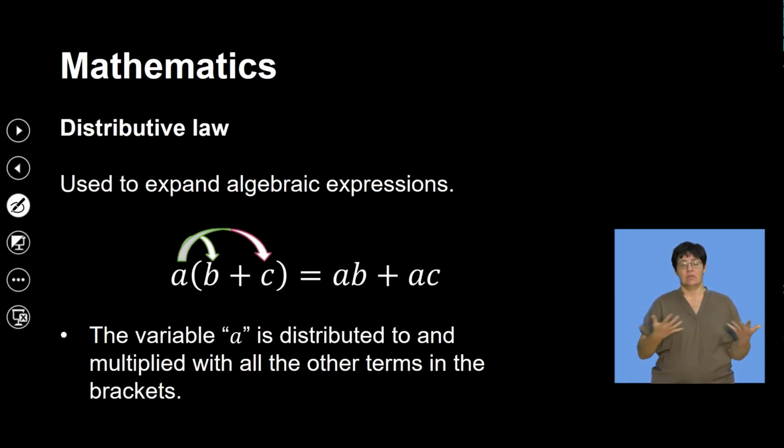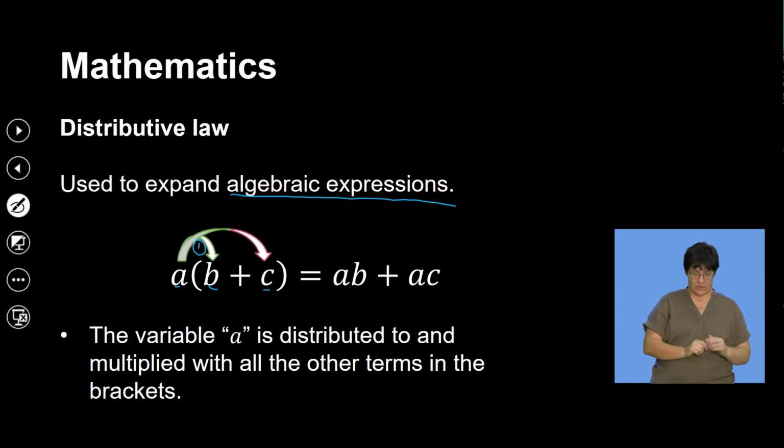Now, the distributive law is used to expand algebraic expressions, and I'm going to show you how to actually do that. When you distribute, the first one will be when you multiply the A with the B, the A with the C, which will then give me AB plus AC.